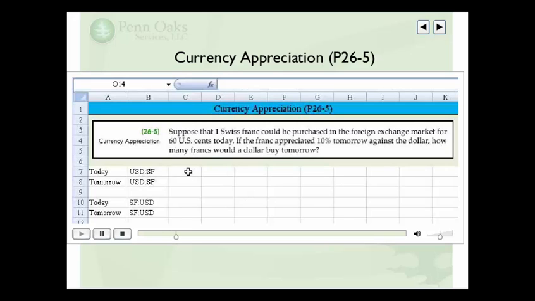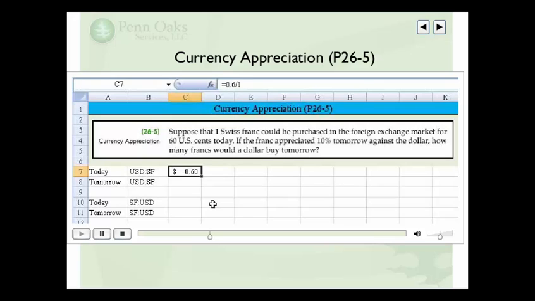Okay, I want to move right here, and I want to enter this in terms of the ratio of US dollars to Swiss francs. And we know that 60 cents US dollar to 1 Swiss franc is the value of a Swiss franc in US dollars, 60 cents.